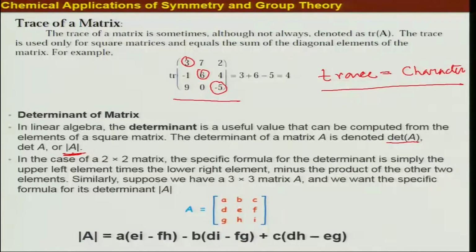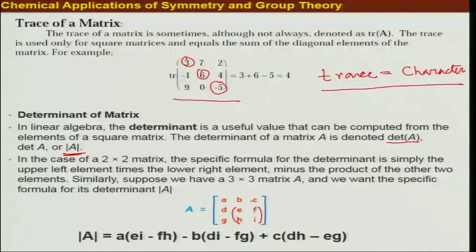If you have a 3 by 3 matrix, then we can determine the value of the whole determinant in this fashion. You have this A fixed, and then you find the determinant of this particular part.